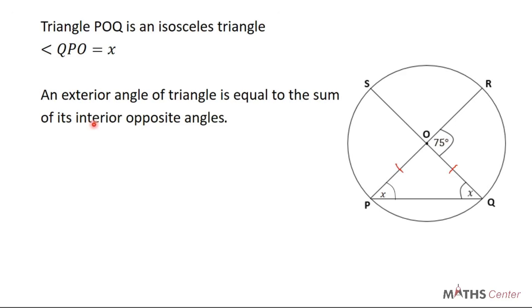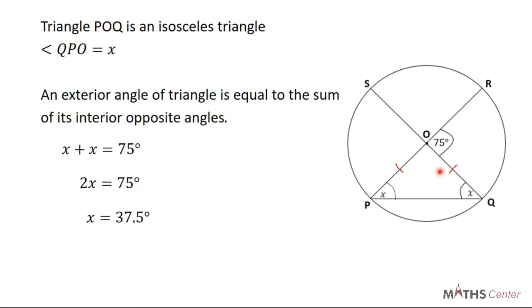Now we know that an exterior angle of a triangle is equal to the sum of its interior opposite angles. So S plus S is equal to 75 degrees. This will give us 2S is equal to 75 degrees and S is equal to 37.5 degrees.